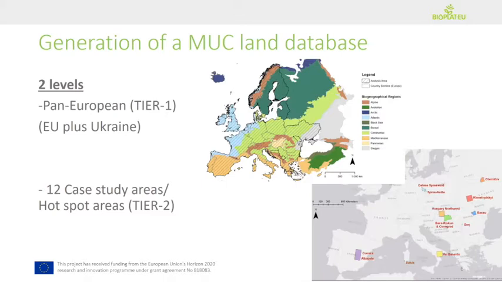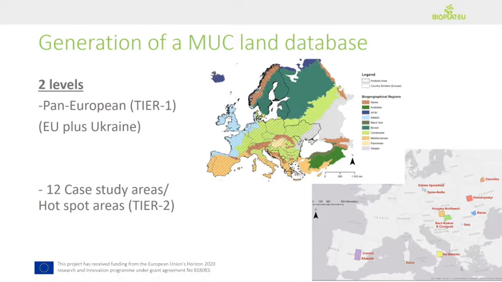We targeted to reach this goal on 2 levels. The first is a pan-European level. It covers the whole EU plus Ukraine, with more rough data, let's say. The second one is a level where we looked more into the detail, using data with higher spatial resolution.